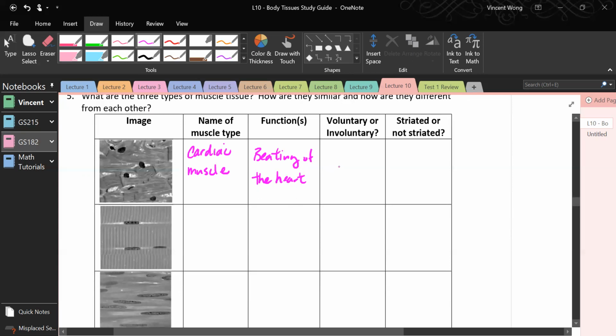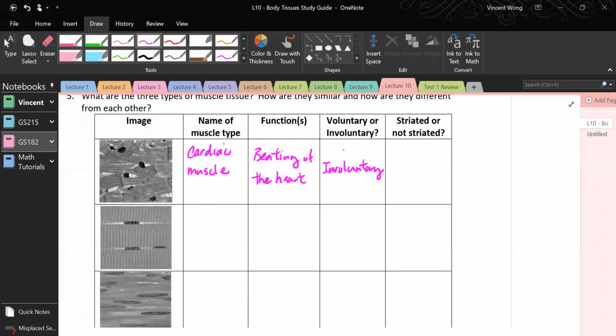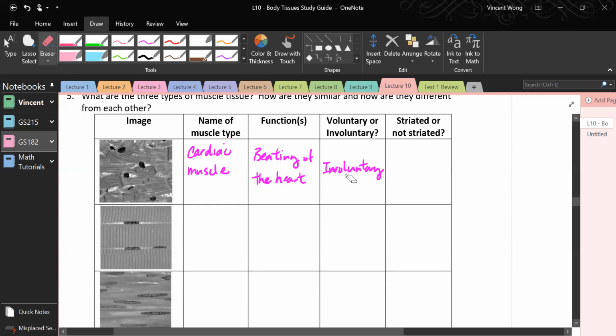Is it voluntary or involuntary? Well, we cannot control our heart rate. You cannot think and tell your heart to stop. And you wouldn't want to do that, of course. So that is involuntary. And you can see all these bands, right? The bands are striations, we call them. So this is striated.